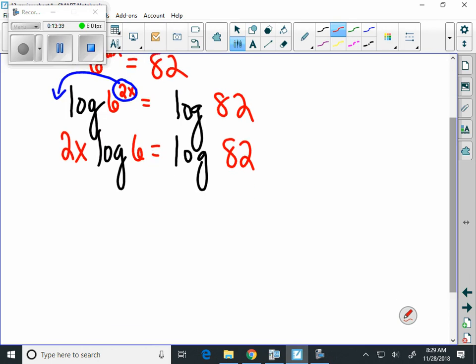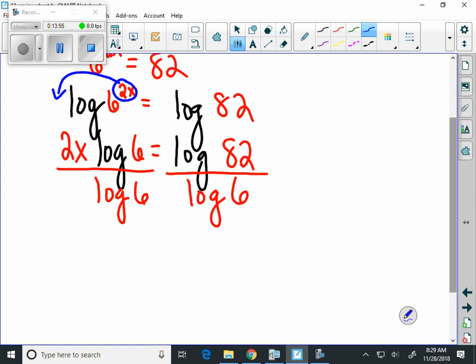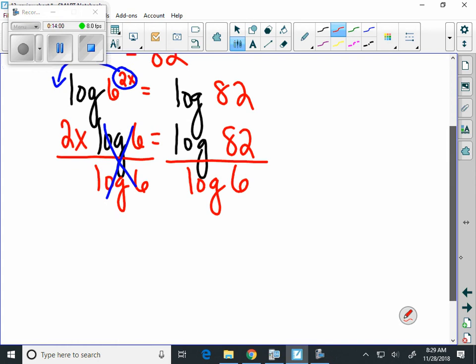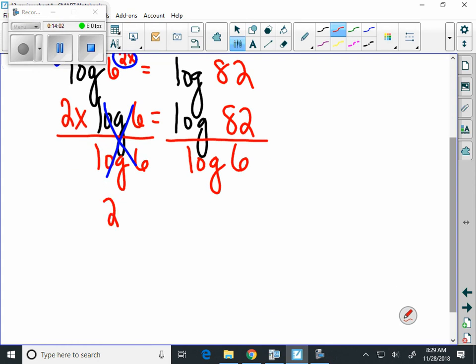Well, eventually what we want to figure out is what does x equal? And it's 2x times log of 6. So let's divide by log of 6. When we divide both sides by log of 6, this part cancels out. Log of 6 divided by log of 6 is 1. And we have 2x. And over here, we're going to type it in.